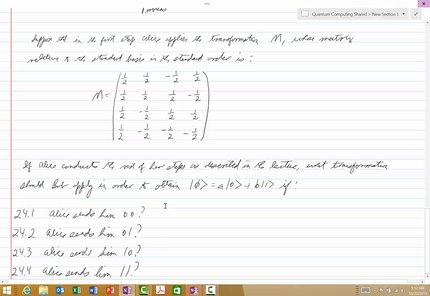You need to figure out what transformation he needs to apply in each of these 4 different cases, so that in every case he will eventually obtain this state A0 plus B1. And so that's it for lecture 24, and good luck.